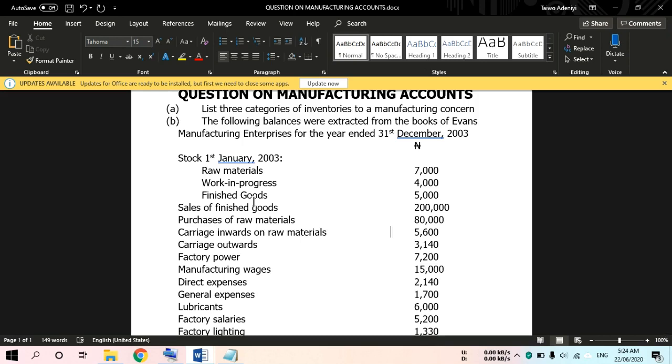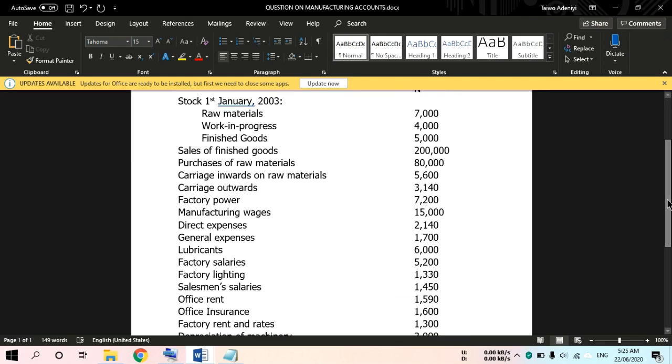Anything that has to do with direct labor, that is manufacturing wages, direct wages, factory direct wages, all these are under direct labor. And anything that has to do with royalties or direct expenses, then all these will be added also to it. So now let's check the sales, carriage, factory power, manufacturing wages, yes. Direct expenses, yes. That's good.